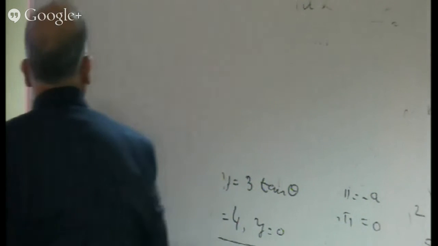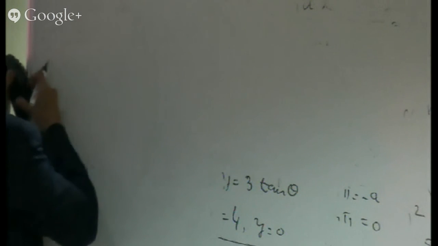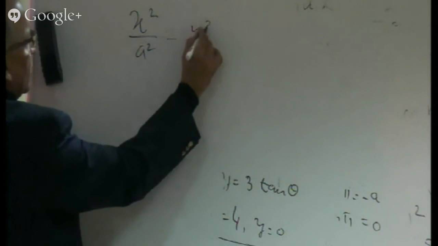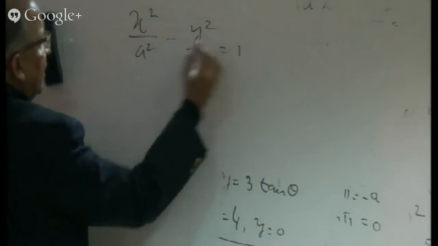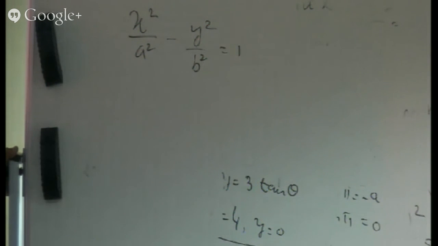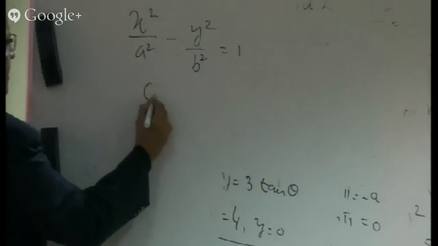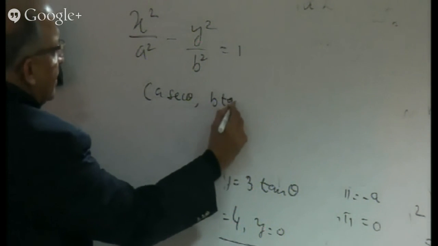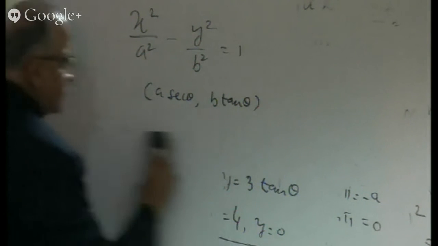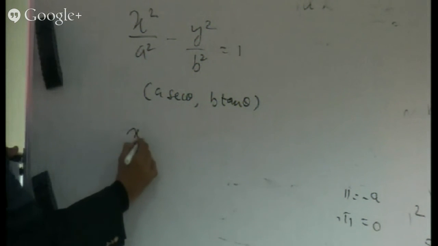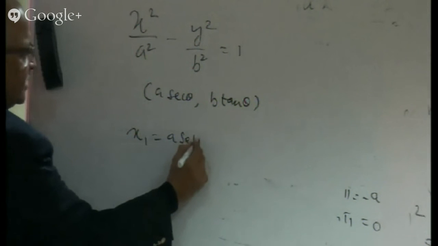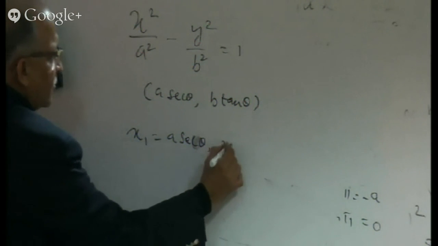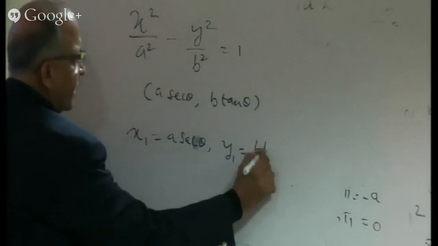If we take x square upon a square minus y square upon b square equal to 1, and the point is a secant theta, b tan theta, it means that x1 is given to me as a secant theta and y1 is given to me as b tan theta.